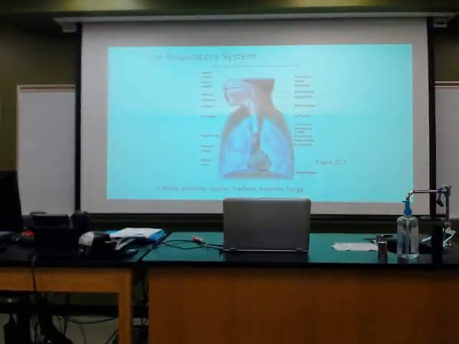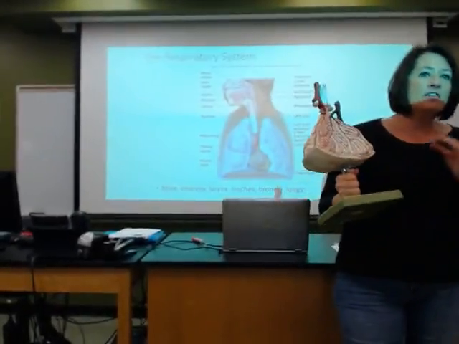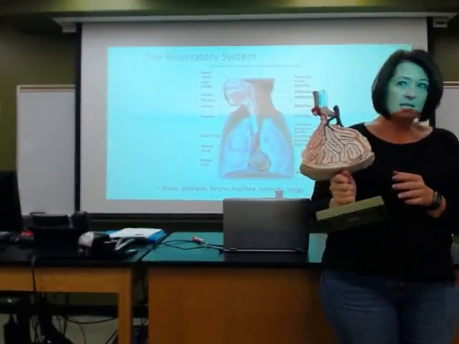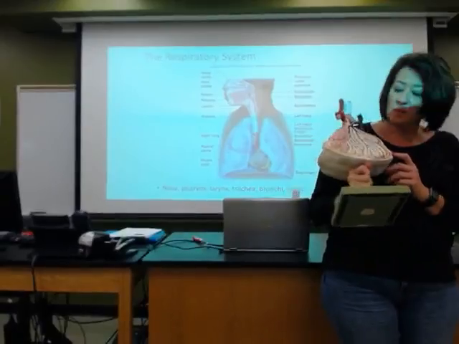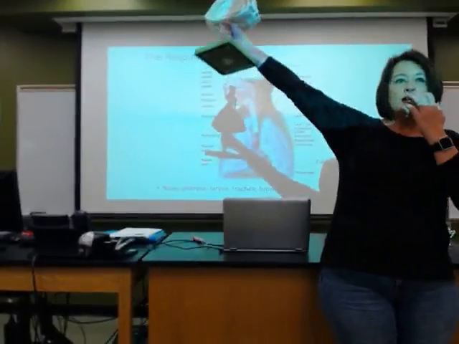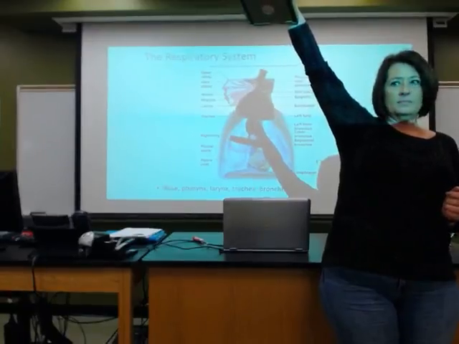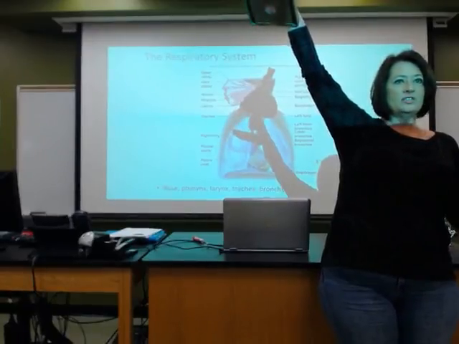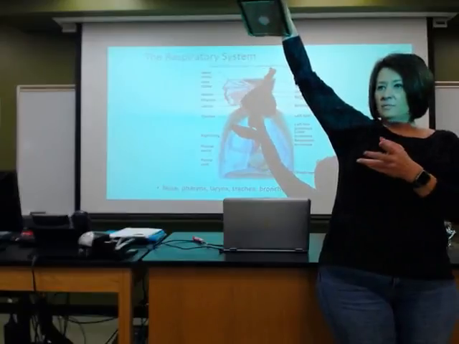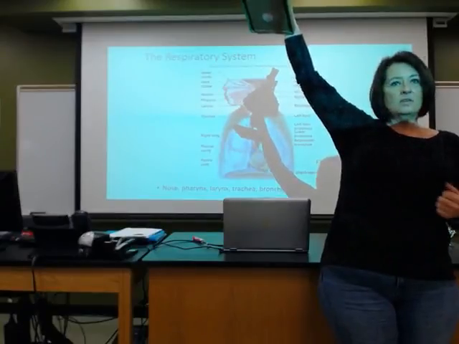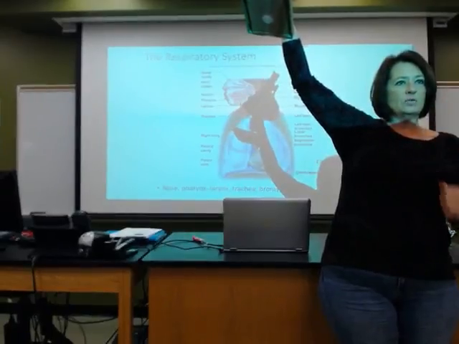This is getting down to the point of our alveoli, down to an alveolus. Okay? What do you kind of notice about it? Branching little sacs, lots of blood vessels, lots of blood vessels.